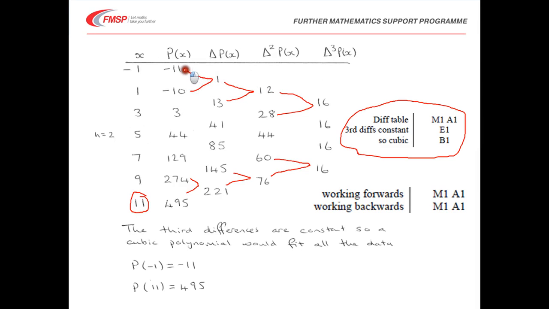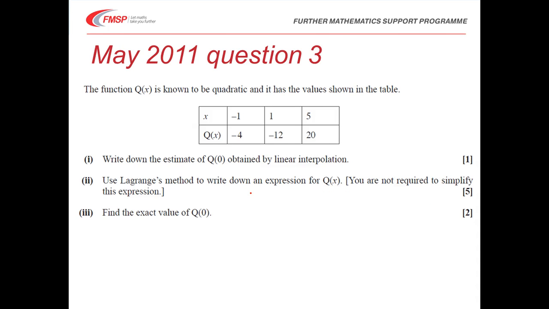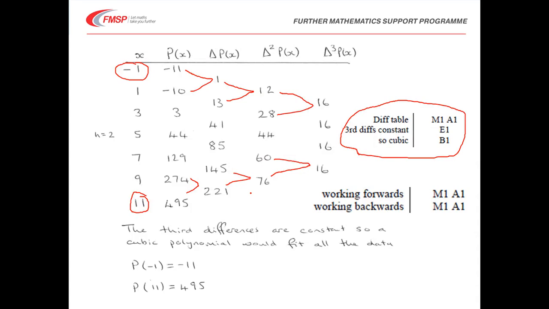Okay, there we go, to get that for negative 1, so that's working backwards. So we get 1 for the method, which is basically adding or subtracting, and then 1 for the answer, which is the negative 11 and the 495. Okay, now on that last one I did write down h equals 2 because it looked like Newton's polynomial one. In fact, we never needed to use it.